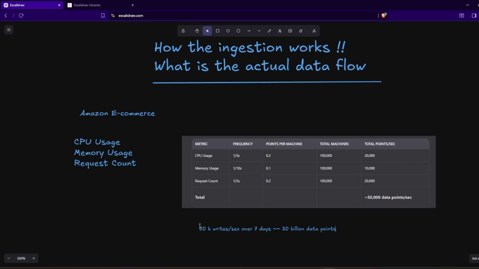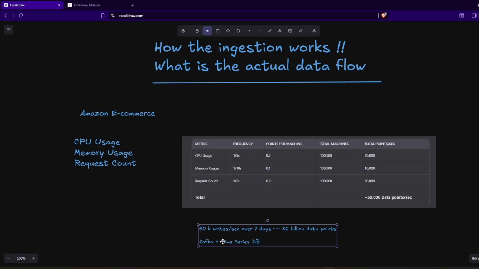There are 30 billion data points, and the answer is very simple. We have to use Kafka plus the time series database, which we already explored. But how do we do it using Kafka? Whenever there is a very high write throughput, of course we have to channel it some way by some sort of a message broker, right?